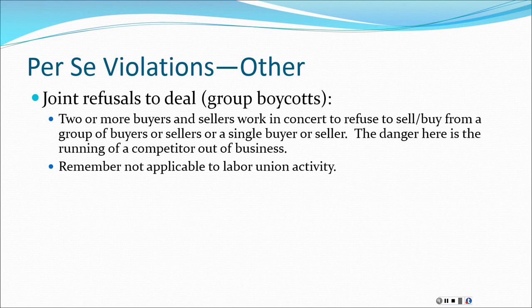This is where two or more buyers and sellers work in concert to refuse to sell or buy from a group of buyers and sellers or a single buyer or seller. Basically it is, let's agree not to sell to this other person over here.